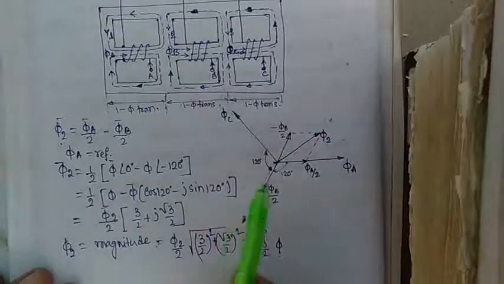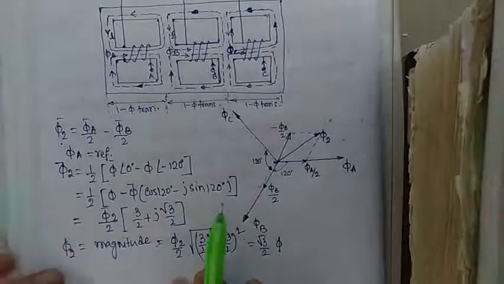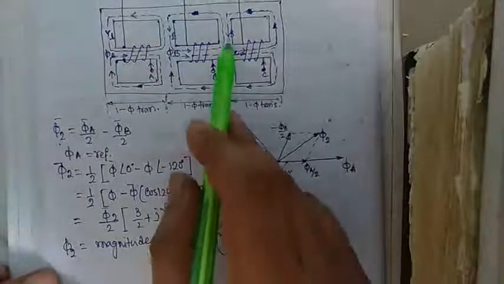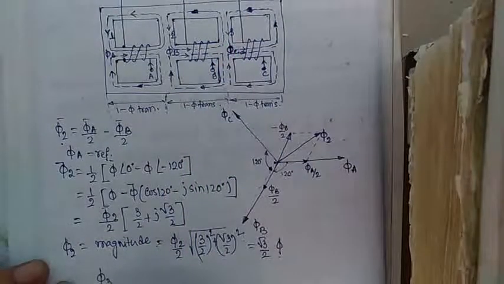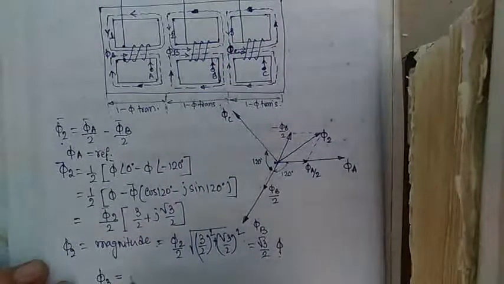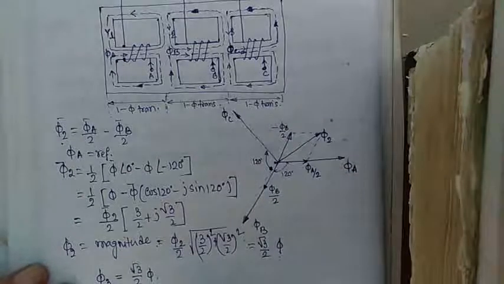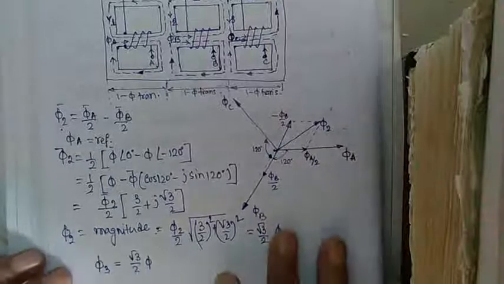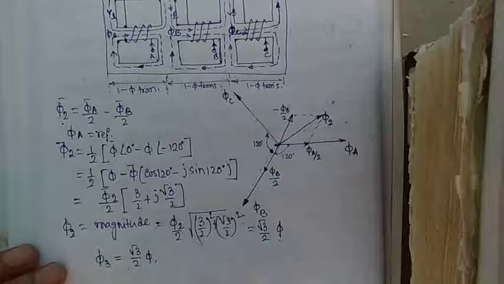And if you calculate by a similar process for segment 3, phi 3 should be equal to root 3 by 2 of phi. So look at these two equations, phi 2 and phi 3.